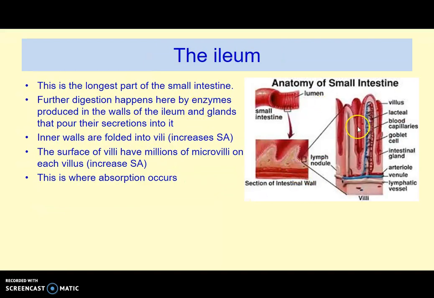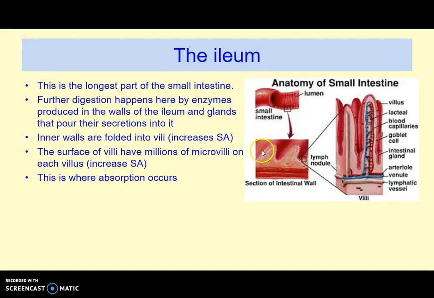The ileum is further along the intestine and digestion is still going on here, but we've got some different enzymes that are actually held in the wall of the ileum, and again we'll talk about that later. This image shows really nicely the folding. You can see slightly the bumps of the small intestine there.